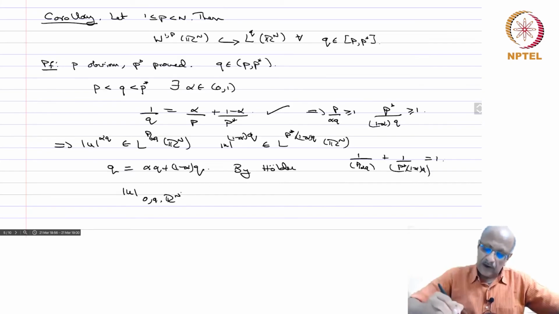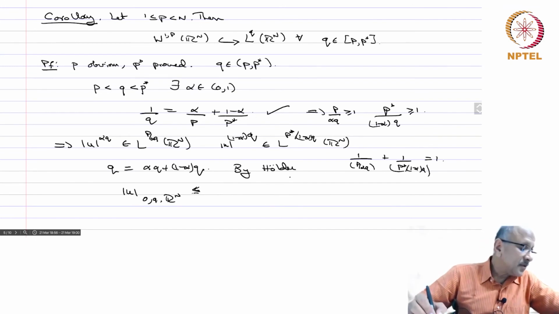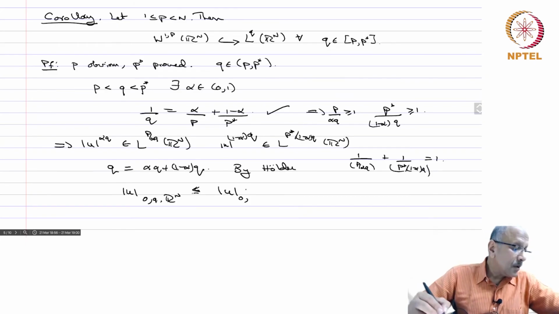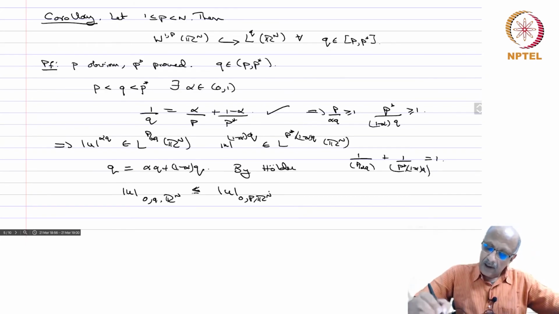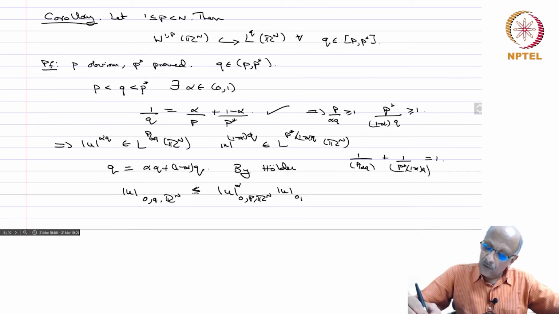So we are going to use the Hölder inequality. This is nothing but the norm of u in L^q is less than or equal to the norm of u in L^p(Rn) to the alpha, because there is an alpha trailing there, times the norm of u in L^p star(Rn) to the 1 minus alpha.